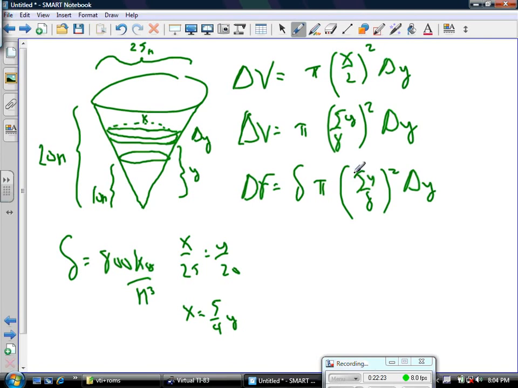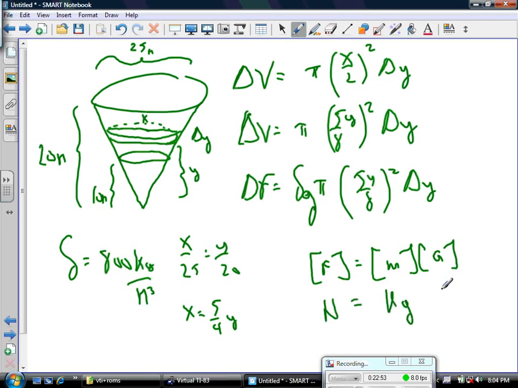So I don't multiply just by the density, because if I take kilograms per cubic meter times cubic meter, I get kilograms. If I multiply that now by g, meters per second squared, I get newtons. If you look at the units of force, it's the units of mass times the units of acceleration: kilograms times meters per second squared.